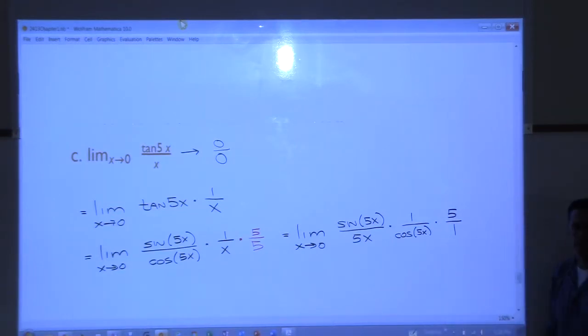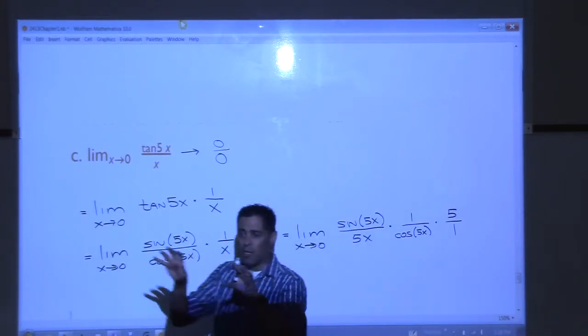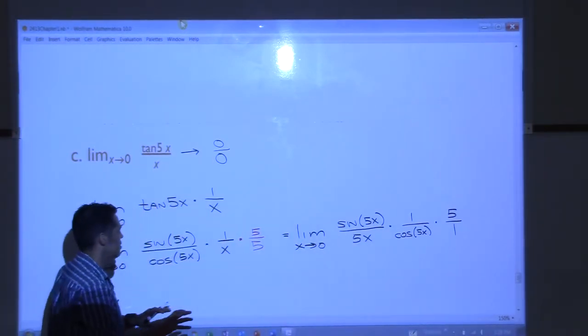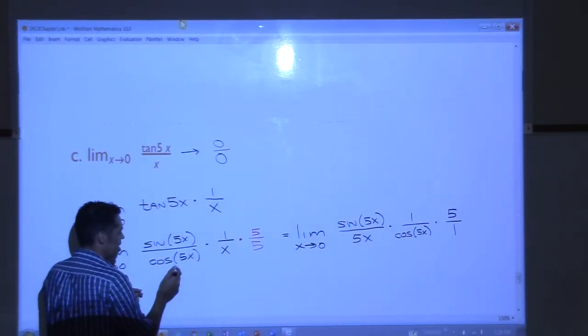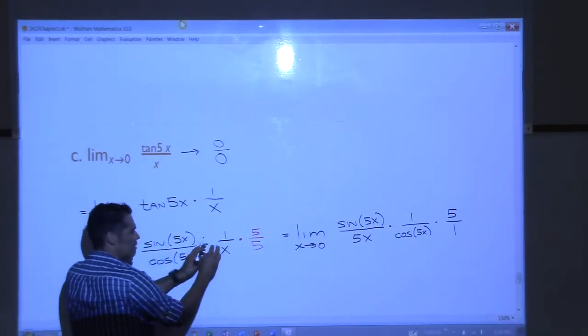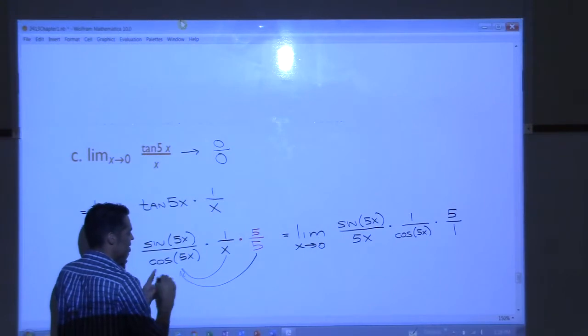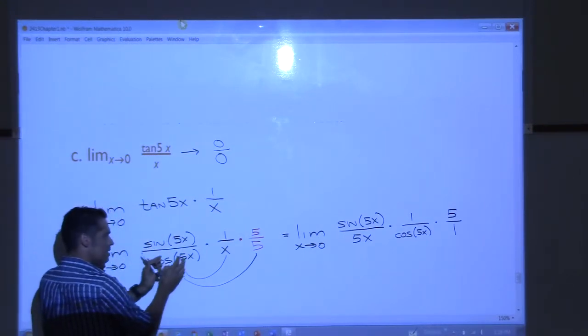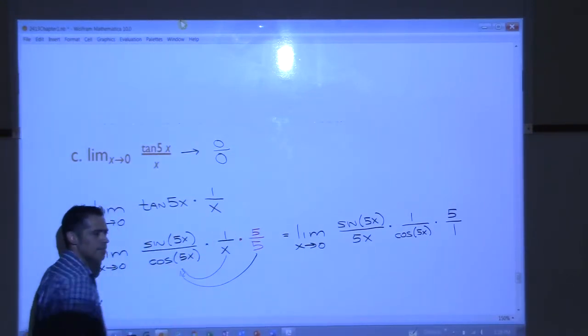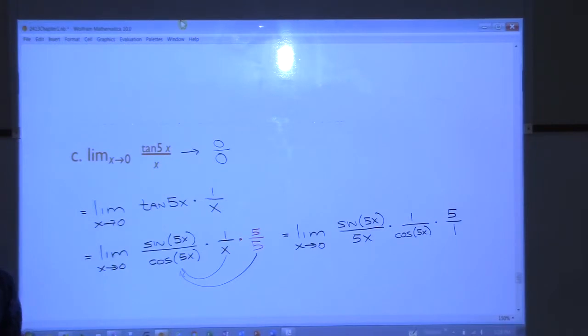Is that the same thing? So all I'm doing is using the fact that with multiplication we can rearrange, right? So we decided to basically take this guy and just move him over. We took the x and we took the 5 and we slid it underneath this sine 5x. We slid this one to the side and we left that 5 up top, right? Any questions on that?